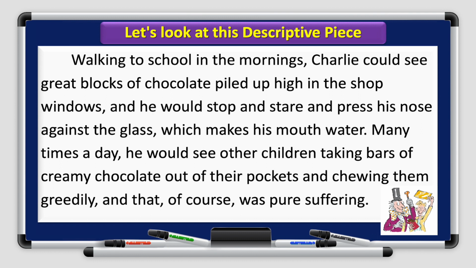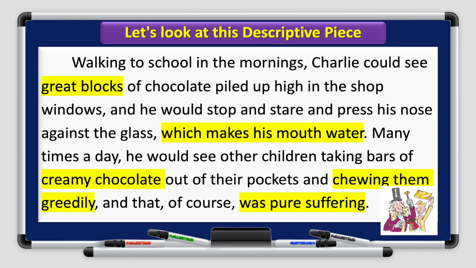Do you see how detailed this piece is? Let's highlight some of the adjective and descriptive language that we have here. So you have great blocks of chocolate, describing the chocolates that is piled up high in the shop. You have, which makes his mouth water. So you can imagine the scene here. See, the chocolate here again is described as creamy chocolate.